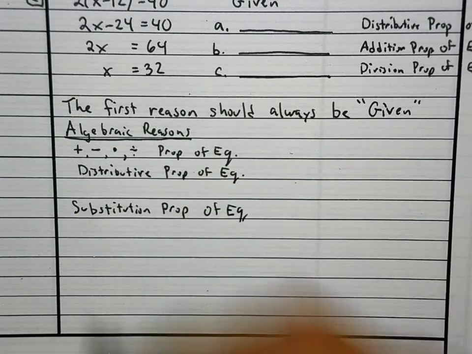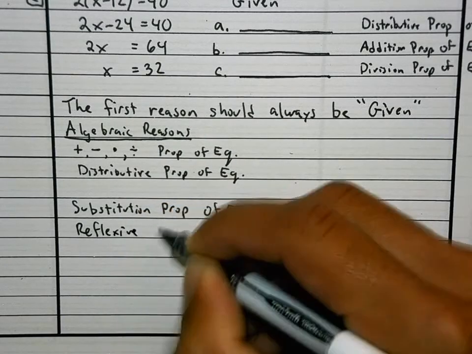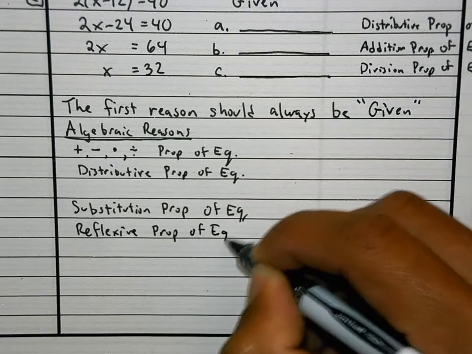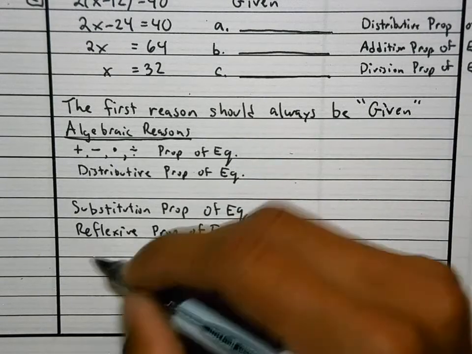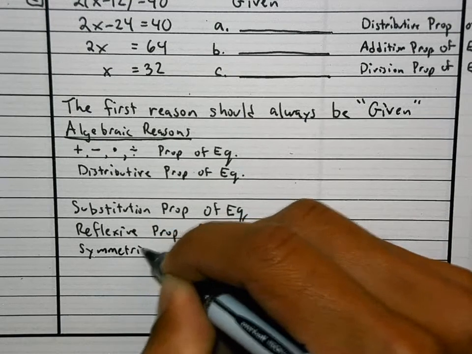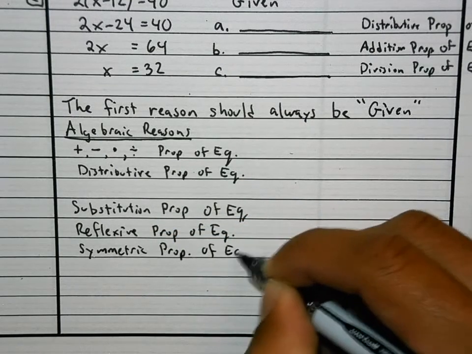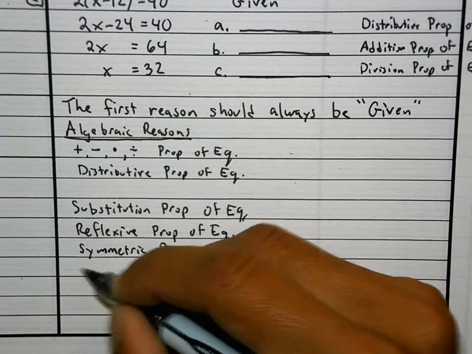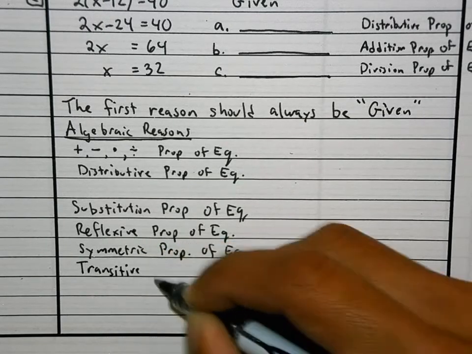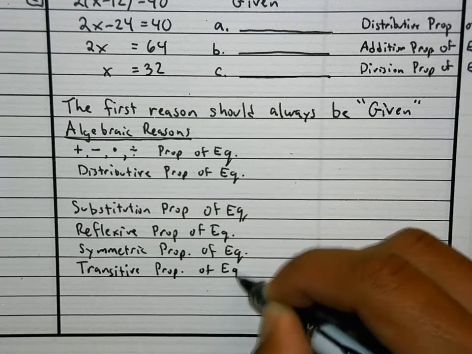I want to write down the reflexive property of equality, symmetric property of equality, and the transitive property of equality.